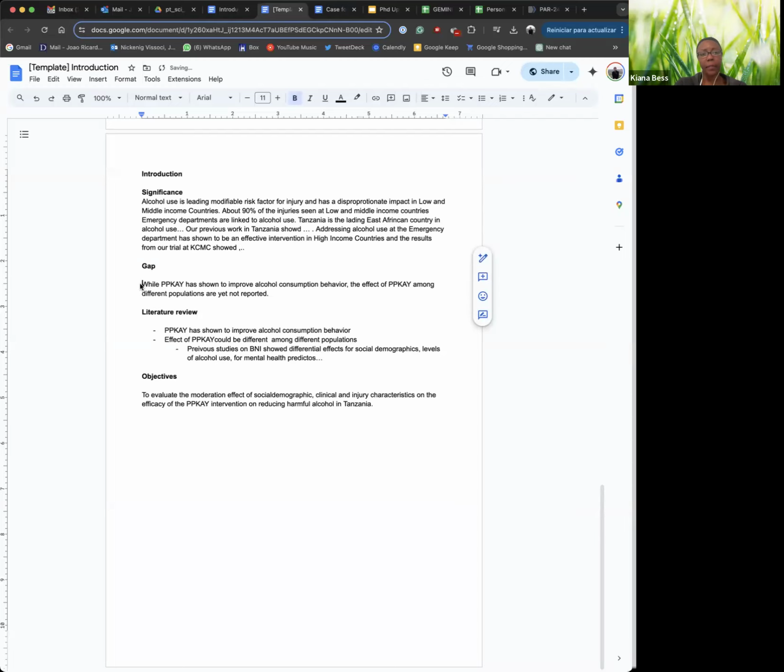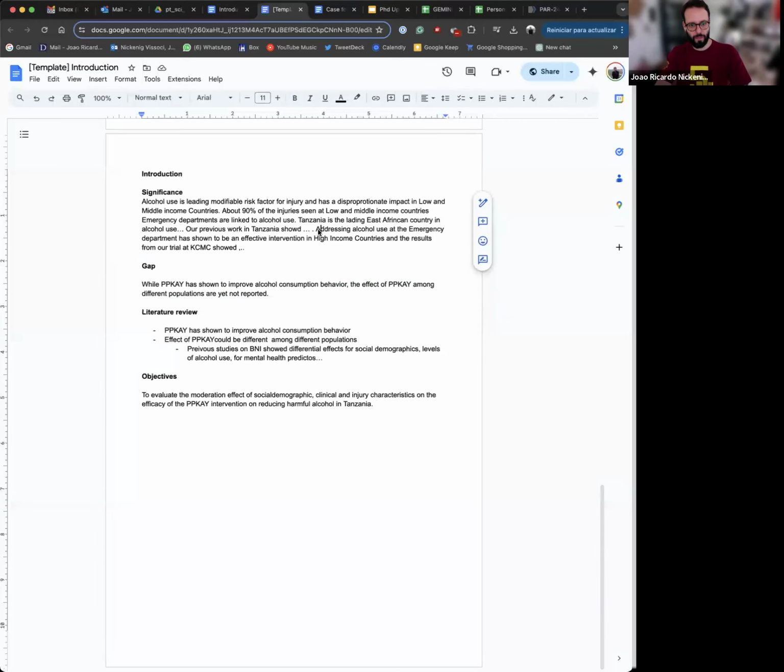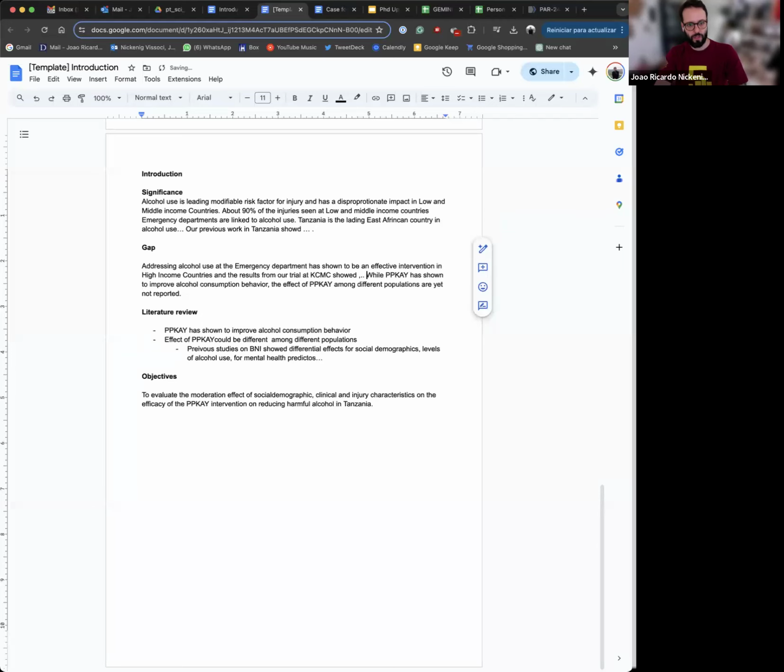Got it. And then you say, but why, which showed, and then you link it to the gap, right? So maybe this could even be part of the gap. You could have these 2 structures here. Right? Yep. Got it.